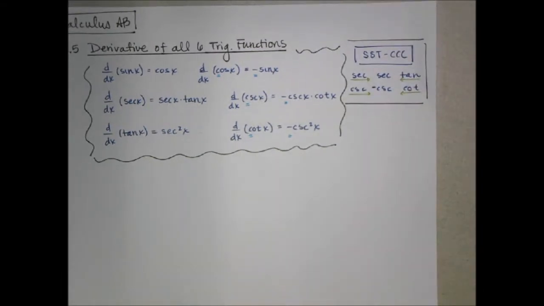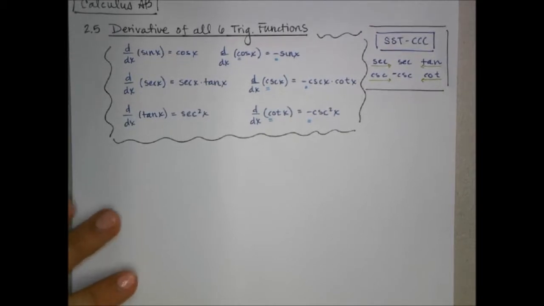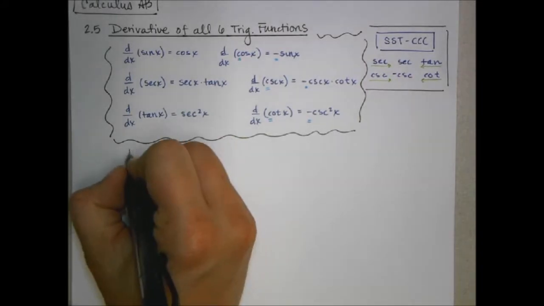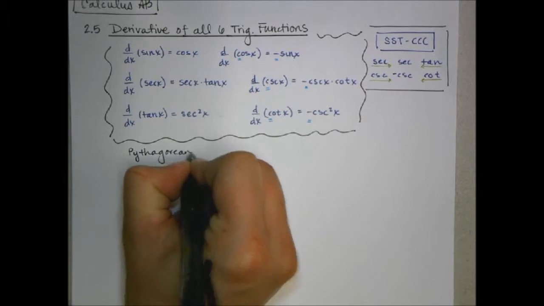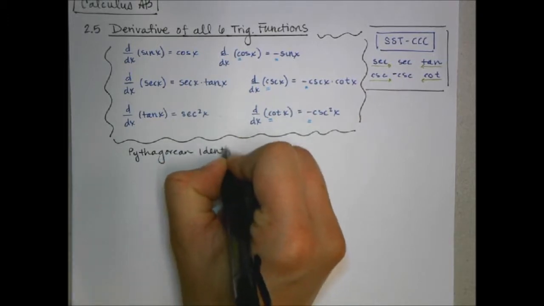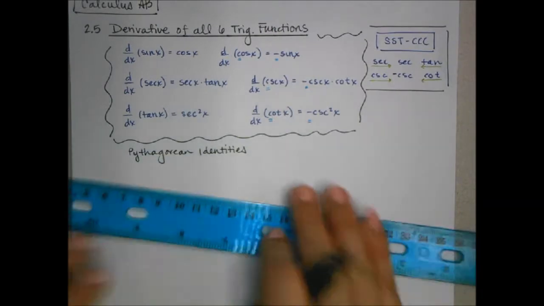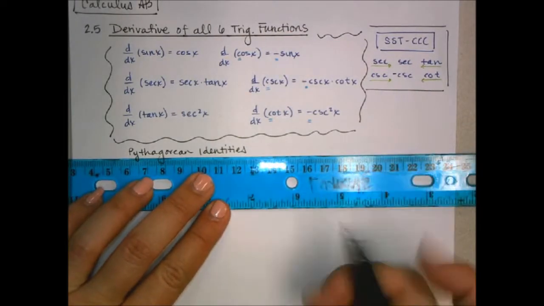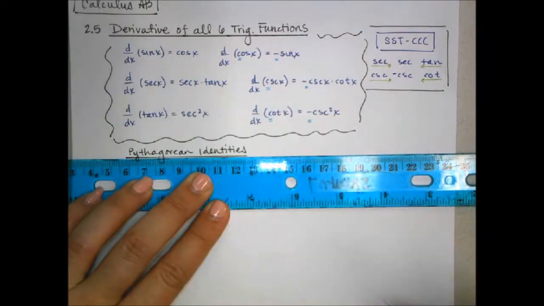A few other things that we'll review because we'll need them here in using trig functions would be our Pythagorean identities. So a Pythagorean identity is a trig identity that follows that a squared plus b squared equals c squared pattern.